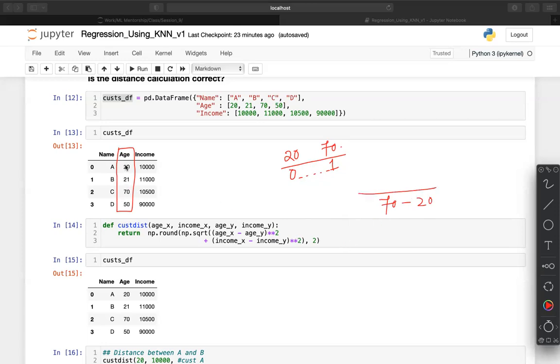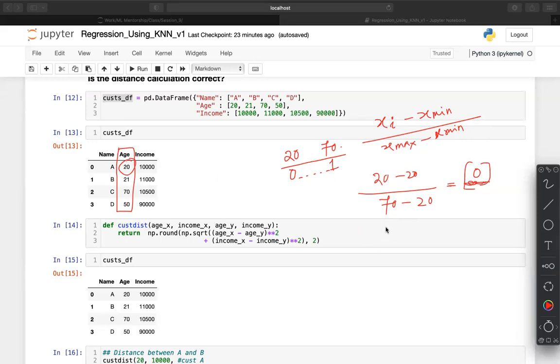Now, any of these observations are how far away from the minimum on this particular scale. For example, let's say you are a 20-year-old, so 20 minus 20. So you take any observation xi minus x minimum, divided by x max minus x minimum. This will be 0 because you are at the start of the scale itself.